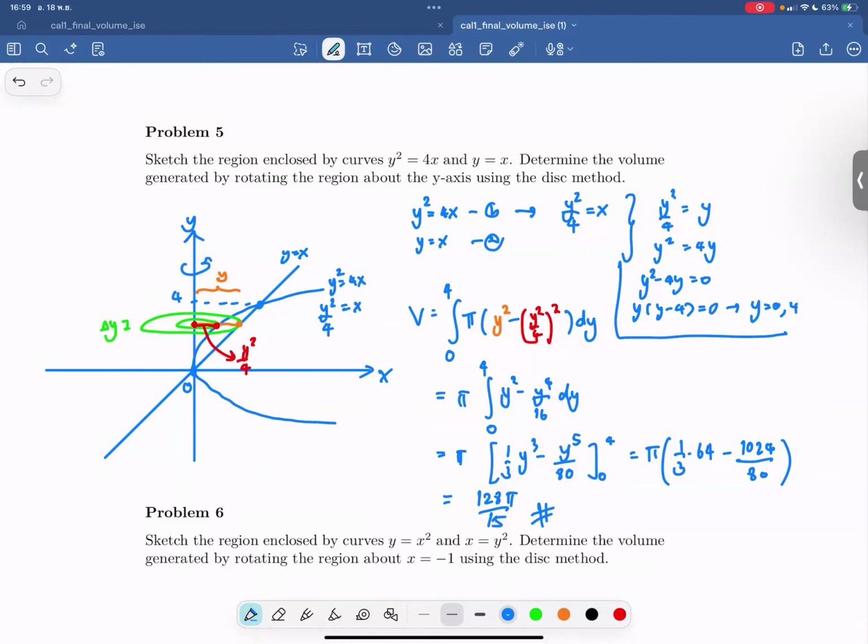Okay, is there any question? I guess it might look like this, not too simple, but not too hard.